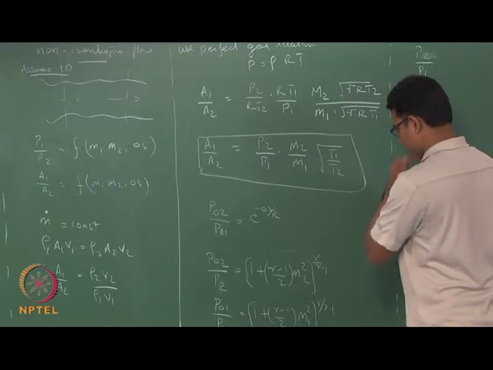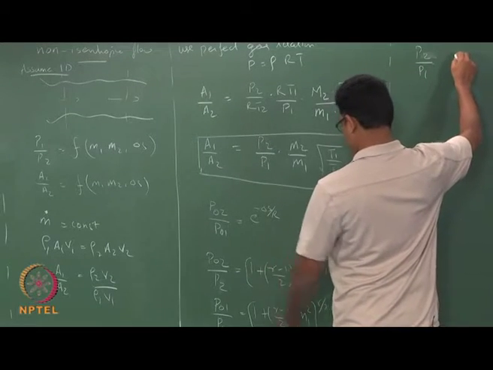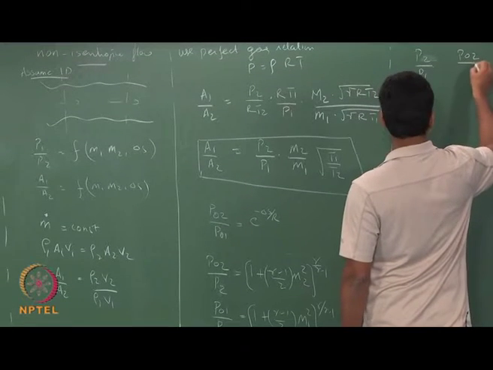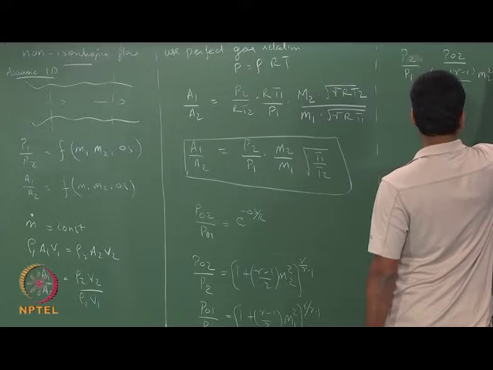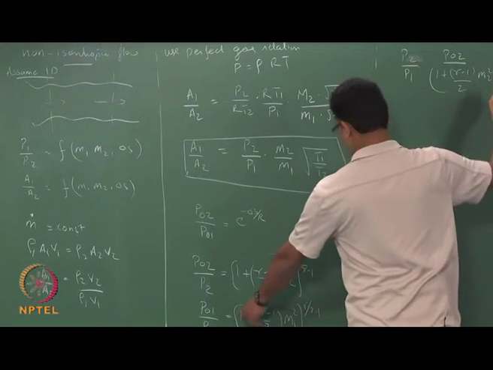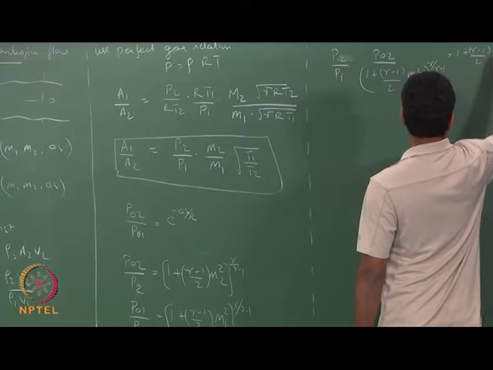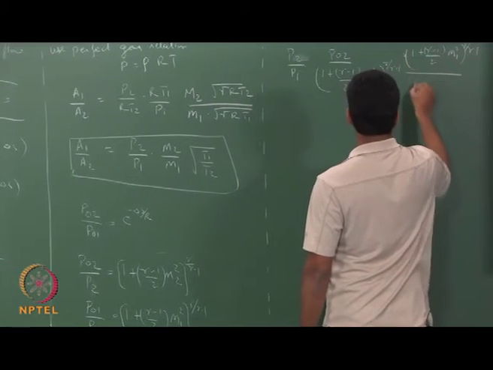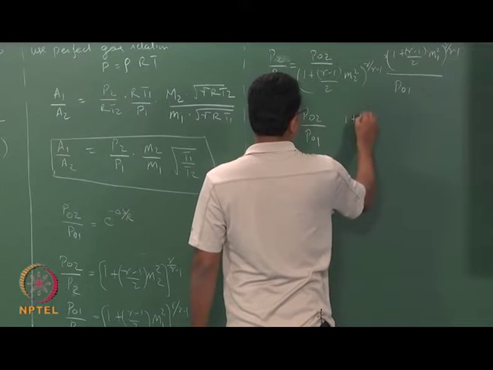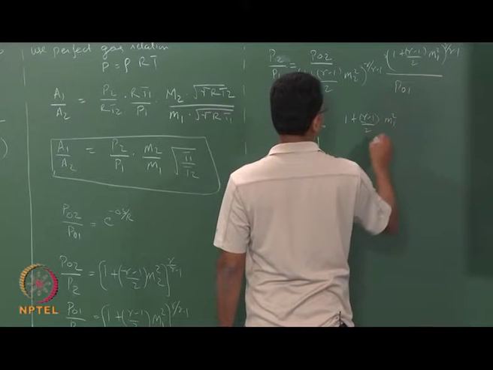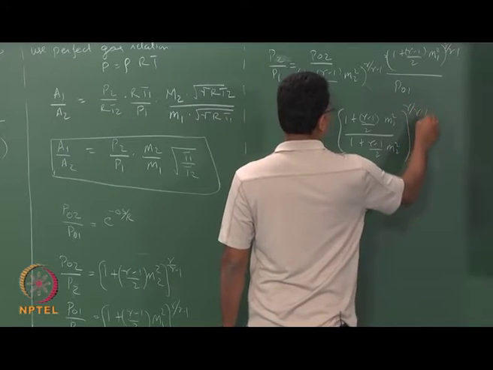So, P2 by P1 is P02 by 1 plus (gamma minus 1) by 2 M2 square to the power gamma by gamma minus 1, into P1 is 1 plus (gamma minus 1) by 2 M1 square to the power gamma by gamma minus 1 divided by P01, which I replace as P02 by P01 into 1 plus (gamma minus 1) by 2 M1 square divided by 1 plus (gamma minus 1) by 2 M2 square to the power gamma by gamma minus 1.